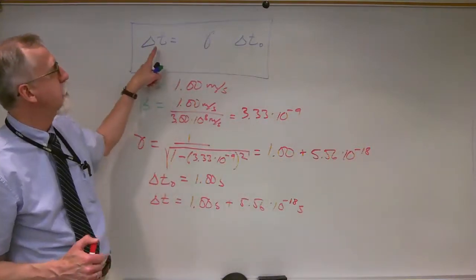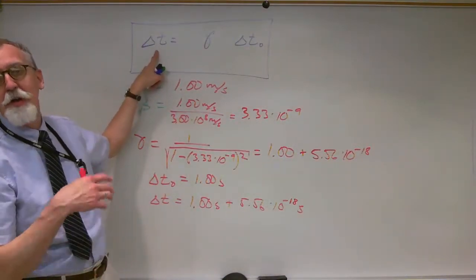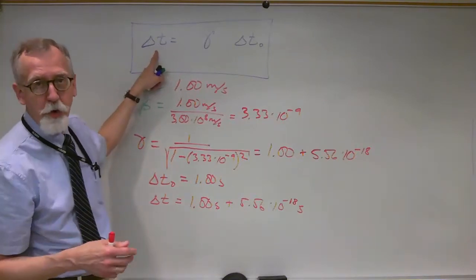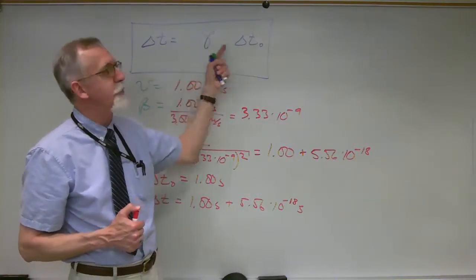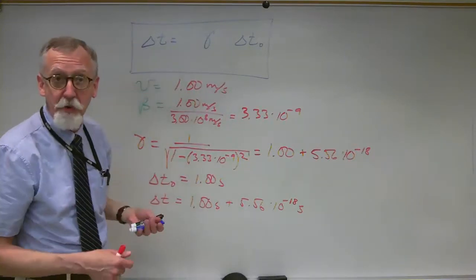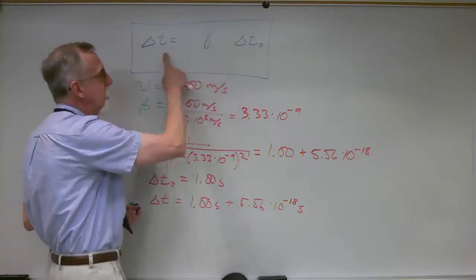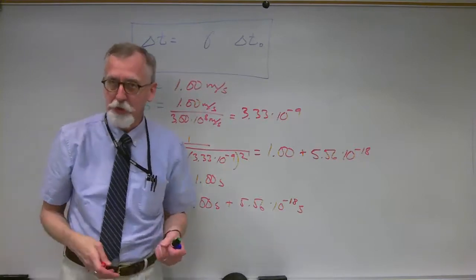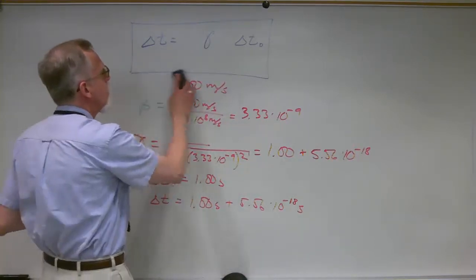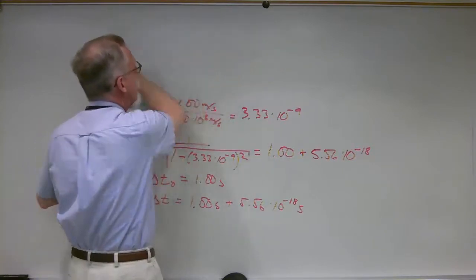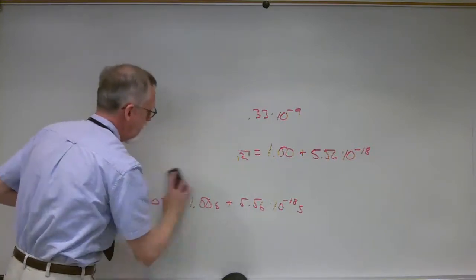And so the difference between the time as measured by, say, a stationary, quote-unquote, observer and one moving relative to that observer is going to be very, very small typically. They're going to be very close to being equal to each other. Let's just take a look at what kind of values we're talking about for beta and gamma.